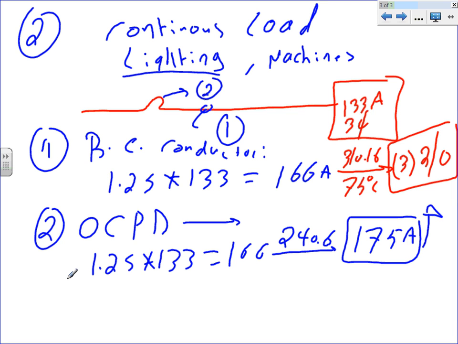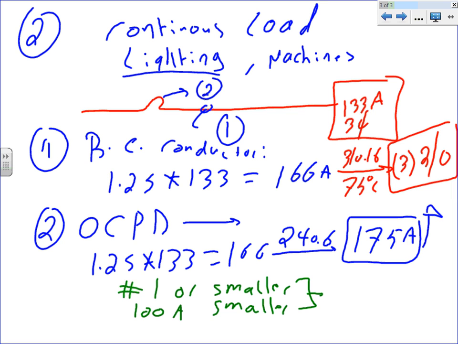If you have a conductor number 1 or smaller, and 100 amp or smaller, you can group. If your situation has a conductor number 1 or smaller, like number 12 and number 8, you can group them, no problem. It's a good idea to group them.